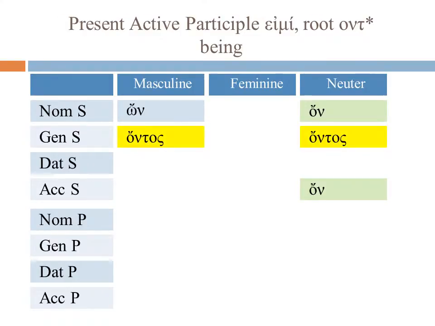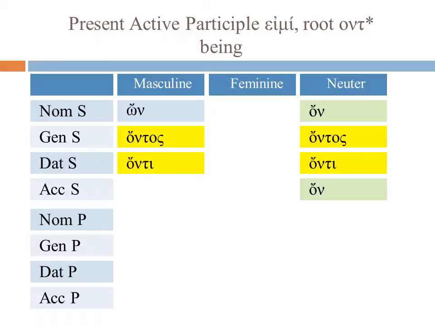The genitive is the same in the masculine and neuter in all. Therefore, it is ὄντος, and that τος ending we remember from the third declension, and neuter is ὄντος as well. The dative is the same in the masculine and neuter.